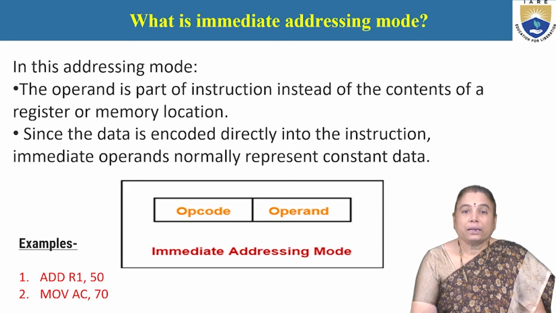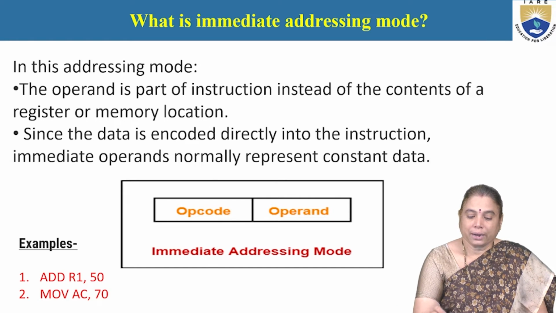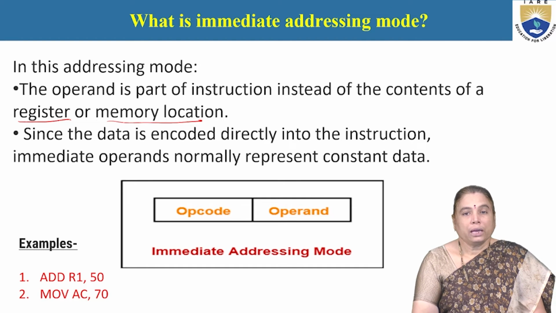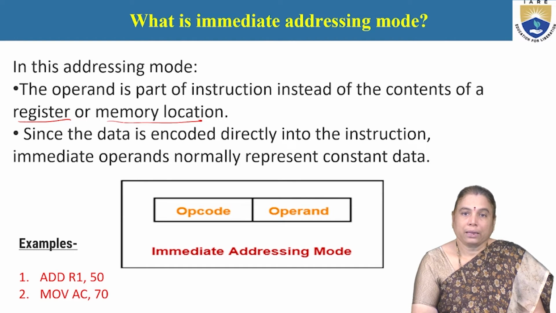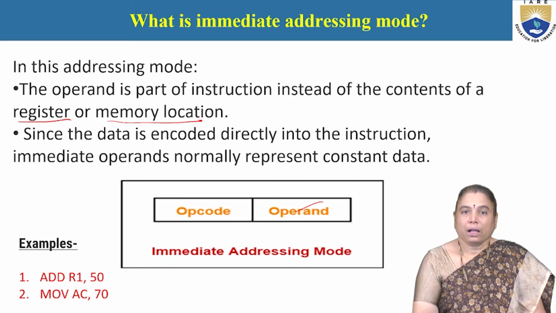What is immediate addressing mode? In this addressing mode, the operand is part of the instruction instead of the content of a register or memory location. So here the instruction format contains two parts: one is the opcode, the second is the operand.